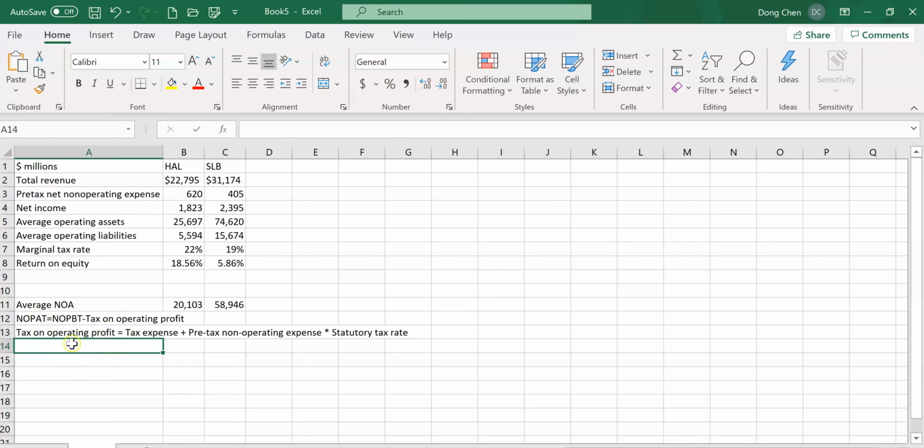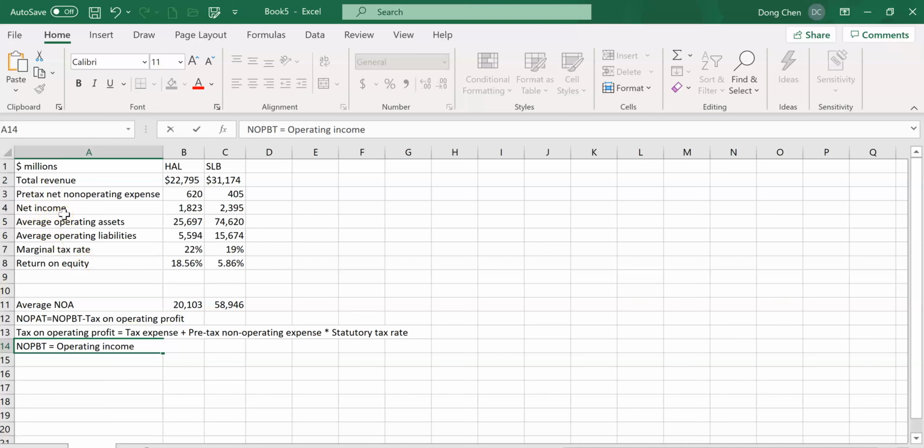And so you can see that NOPBT generally is the operating income. So operating income basically is the revenue minus the operating expense, right? So that seems not directly available because there's no item called operating expense. But what's provided is a net income.